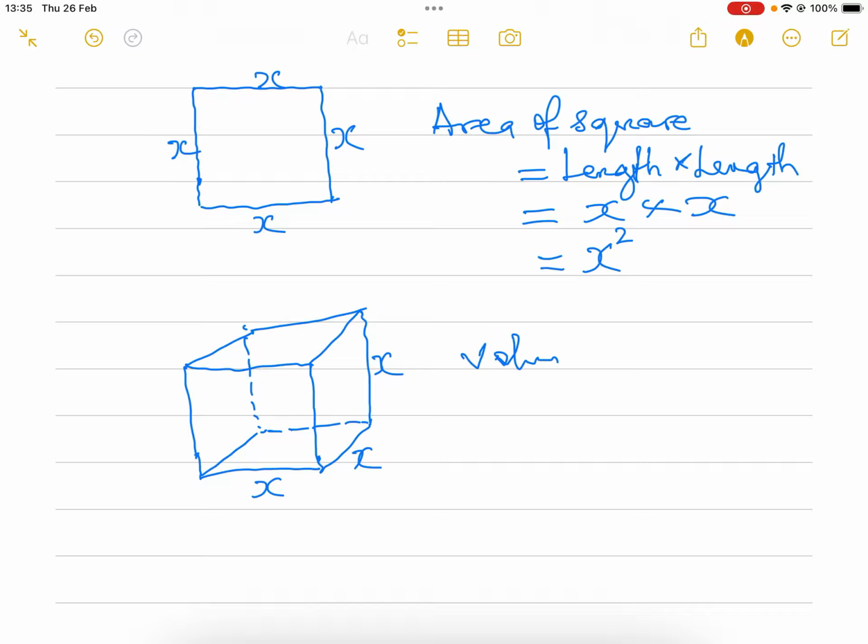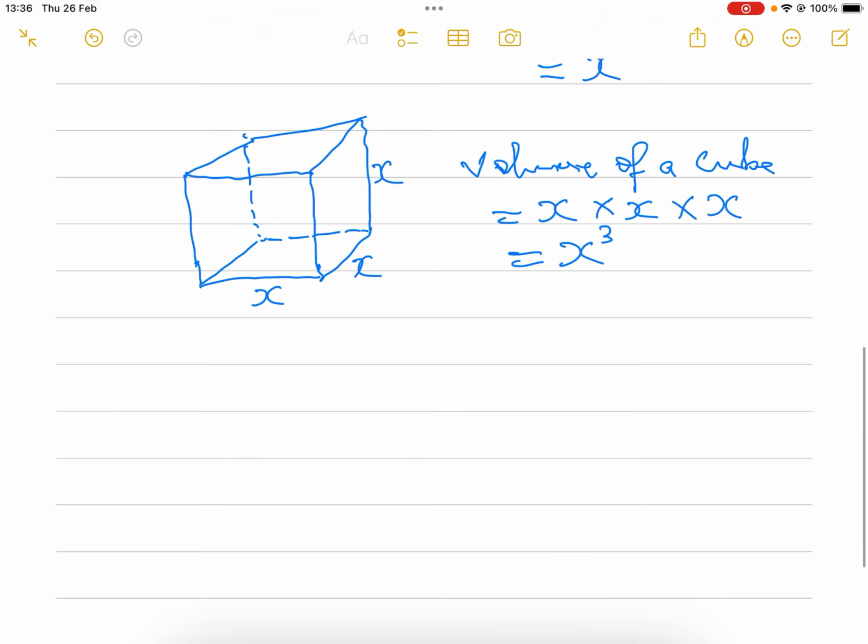If each edge is x, the volume of this cube will be x multiply x multiply x. This is x raised to power 3.